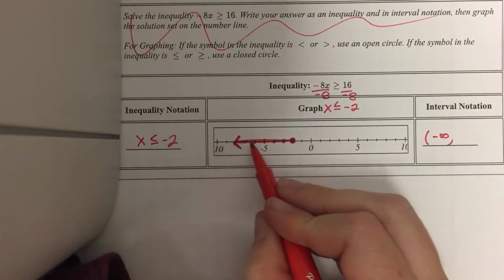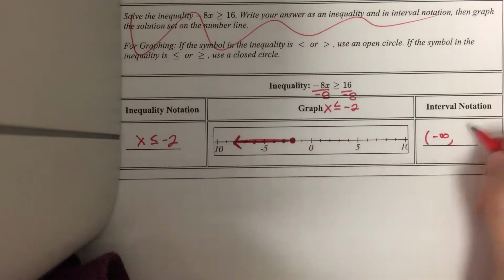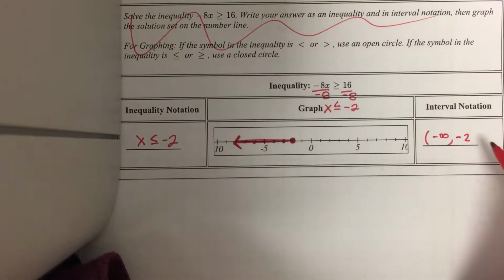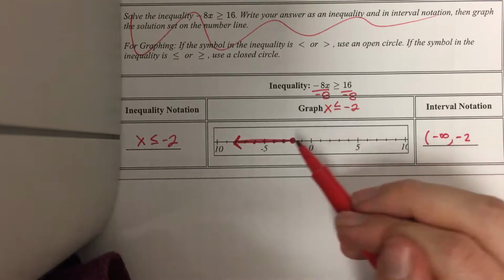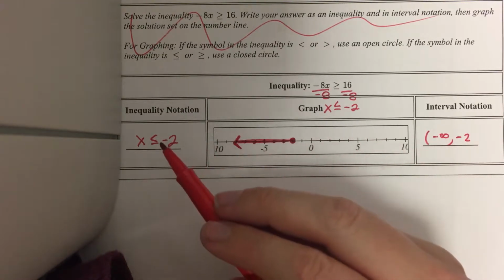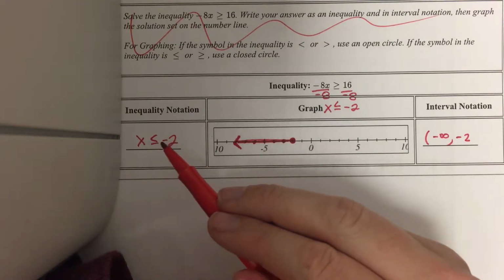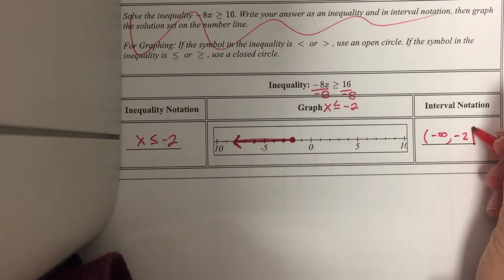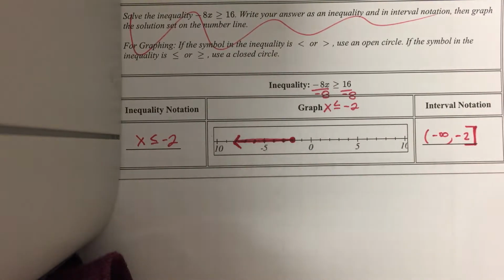And then if I go to the right, it stops at negative 2. Now I have to choose, is it going to be a parenthesis or a bracket? So let's see, it's equal to it. Equal sign is a straight line, so it has to be that bracket.